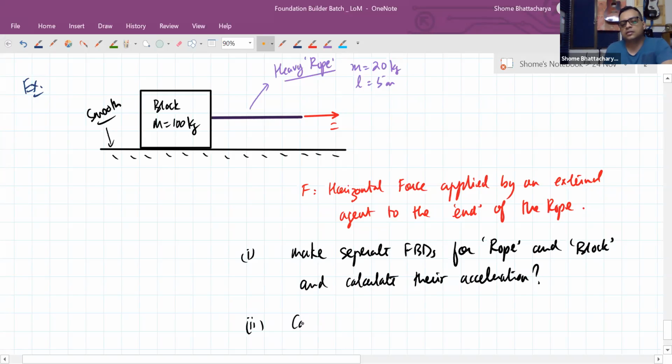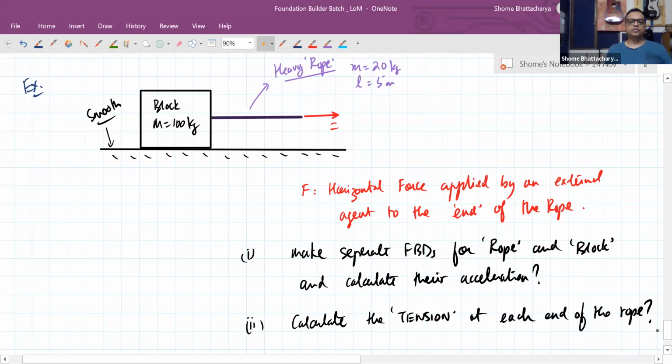And secondly, calculate the tension at each end of the rope. Okay. So this is what we want to do with it. So just take down the question, I'll explain further.